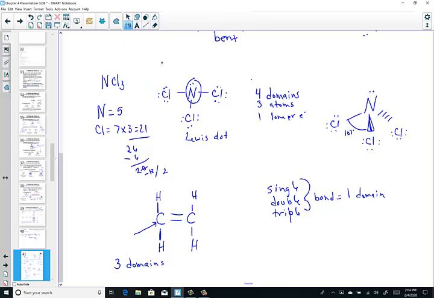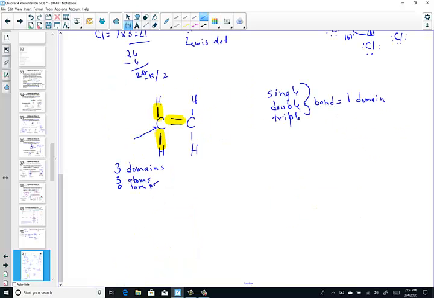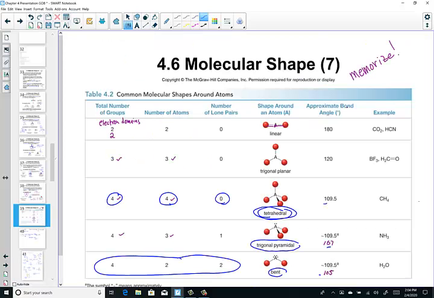Let me count that again with a highlighter. I have 1, 2, 3 domains on that carbon, and all three of them lead to atoms. So on your VSEPR chart, you're looking at a 3, 3, 0 VSEPR count. 3, 3, 0. Oh, that's trigonal planar.